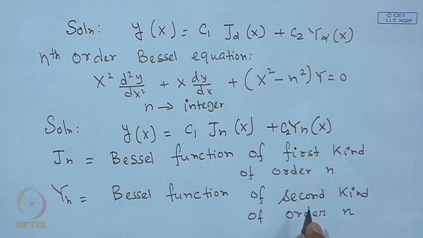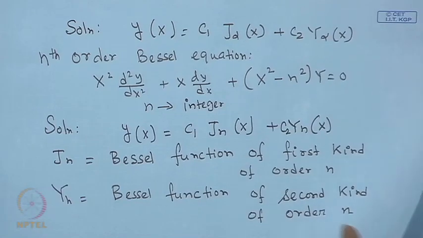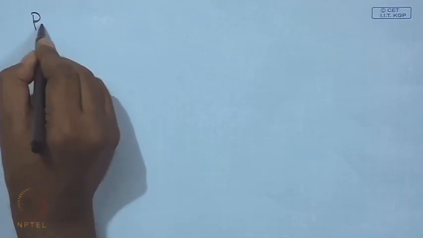Now, these will be quite common whenever we will be talking about the cylindrical polar coordinate system. The solution will be composed of Bessel functions of first kind and second kind, and then let us look into some of the important properties of Bessel functions which you should know, and they will be useful whenever we will be solving this type of equations.